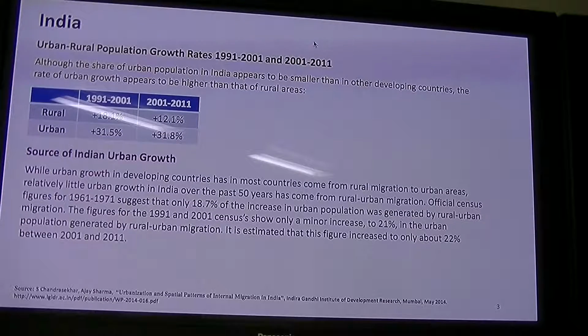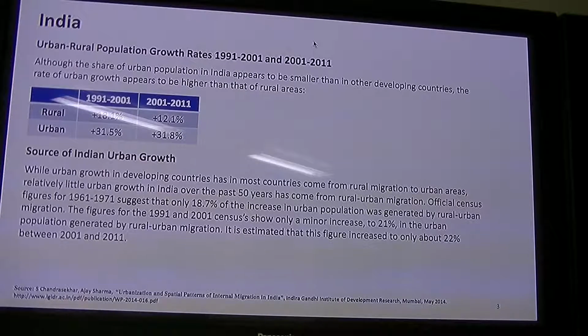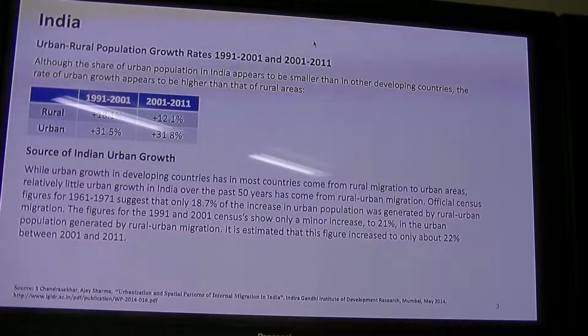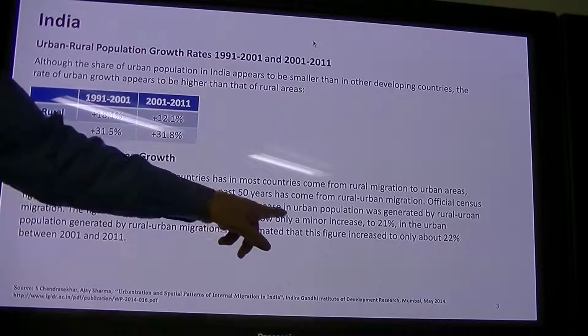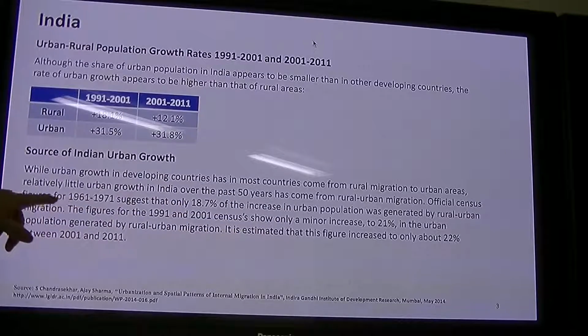One piece of information that I have here is the amount of movement that people make, and it shows the figures for 1991 and 2001. It says here that in 1961 to 1971, only 18.7% of the increase in urban population was generated by rural-urban migration.